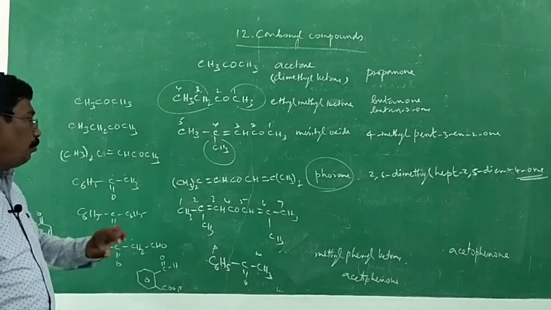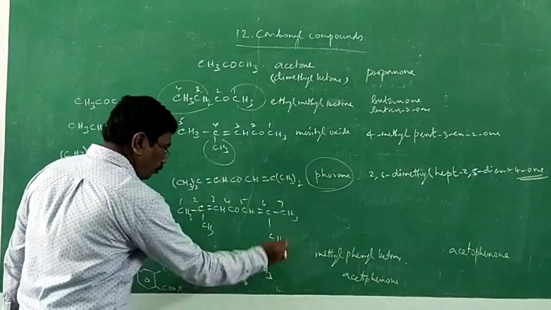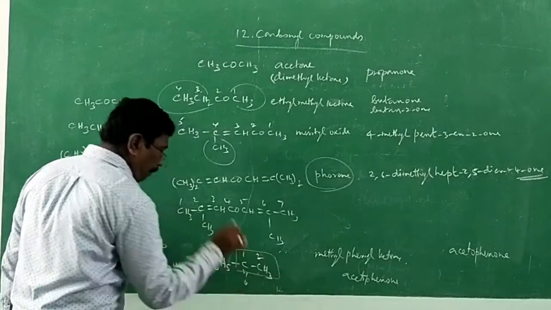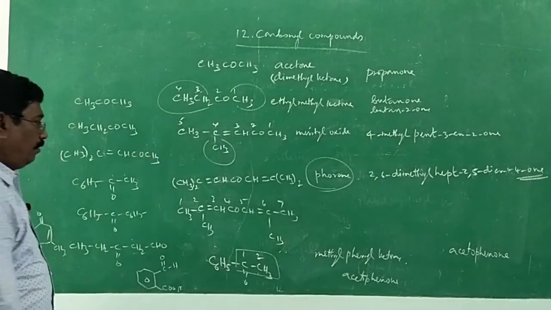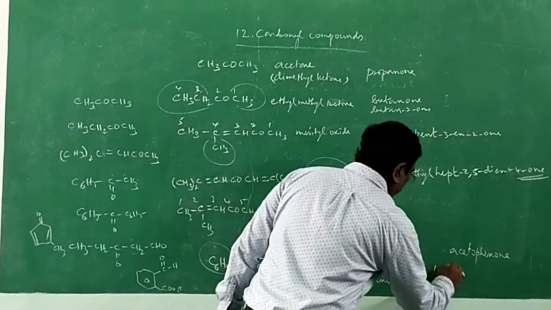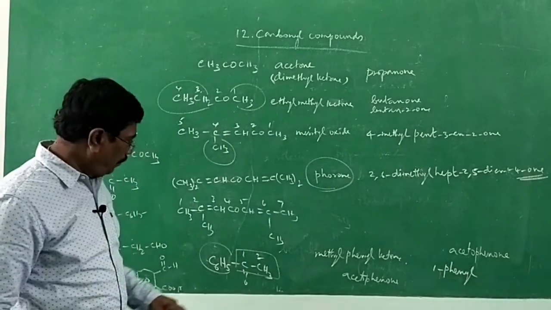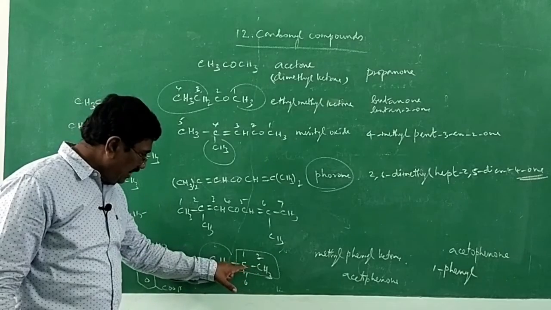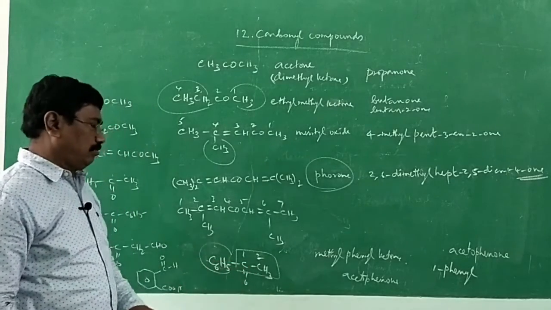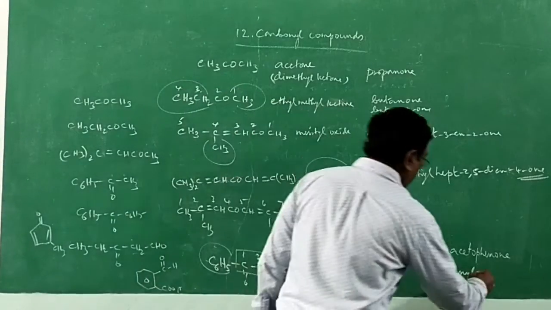But we can assign one more name. What is it? 1, 2. Basically, it is ethane. Phenyl substituent, 1 phenyl. Ethanone, at the first carbon atom, 1 phenyl, 1 ethanone.